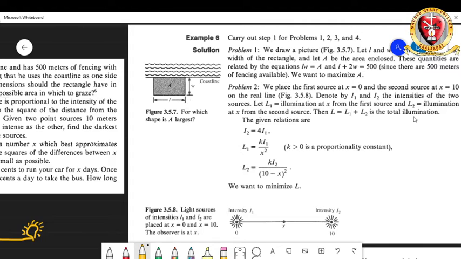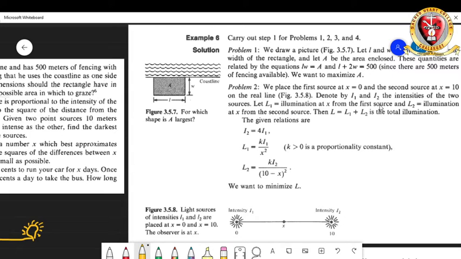L2 is the illumination at x from the second bulb kept 10 meters away from 0. So you have x here, the illumination coming from the first bulb from here and the illumination coming from the second bulb from here.